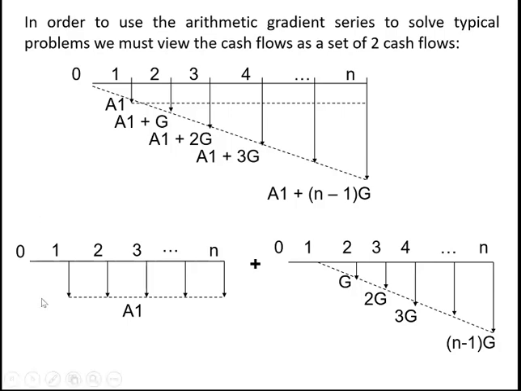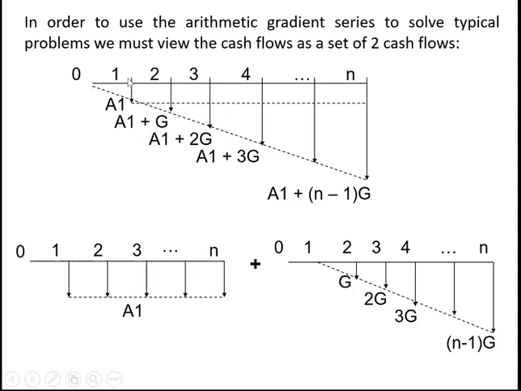Okay, here, for example, we have these cash flows, and the values of the cash flows increase. This cash flow is a disbursement, but the value in each period is increased by a value of t.